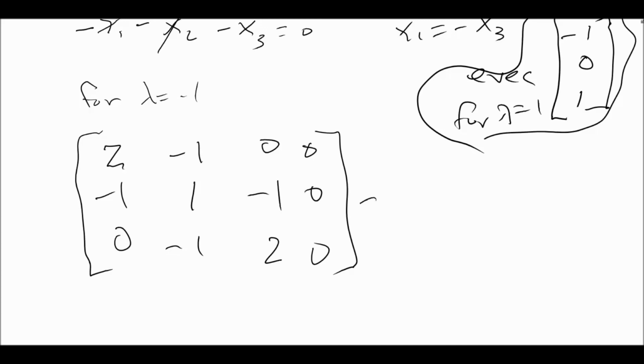When I go forward with Gaussian elimination in my next step, I would keep row 1 the same. And in row 2, I'm going to take 1/2 of row 1 and add it to row 2. So 1/2 of row 1 gives us minus 1/2 plus 1 gives us 3/2. Minus 1/2 times 0 plus 1 minus 1 is minus 1.